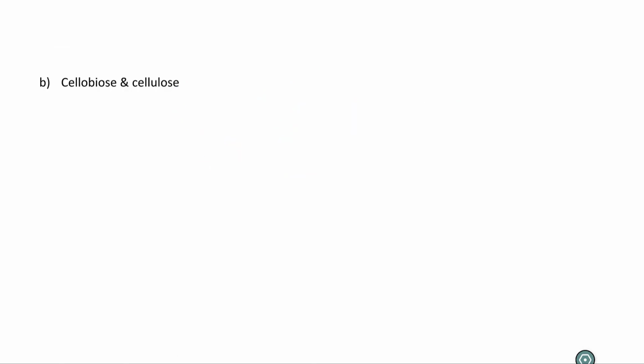Now, a very closely related disaccharide is cellobiose, which is related to cellulose. It's the dimer, it's the disaccharide that builds up to form cellulose. And in that structure, what we have is again, this linkage, and then this is in the beta form.